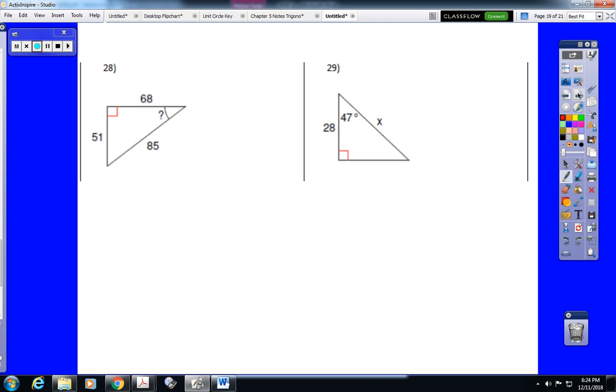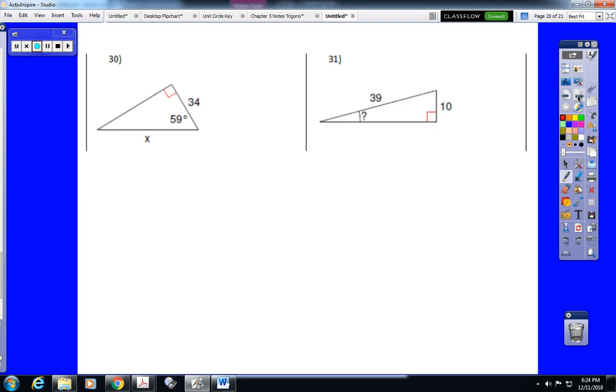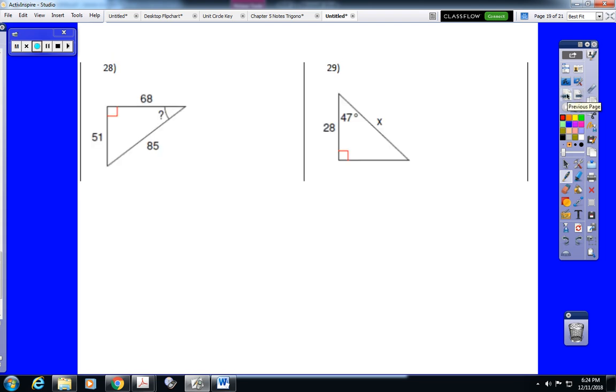Okay, I believe that these two might be the last two of these. No, there's two more. Okay. So again, in 28 they gave us all three. It doesn't matter which two you choose to use to find x. So let's say that we use opposite and hypotenuse. Then we would use sine.